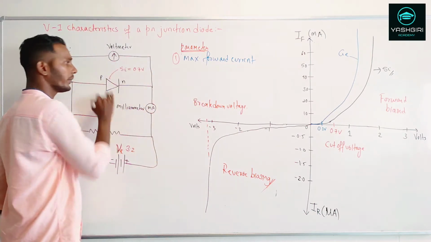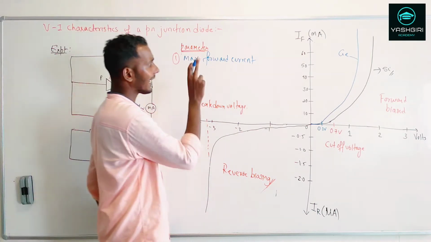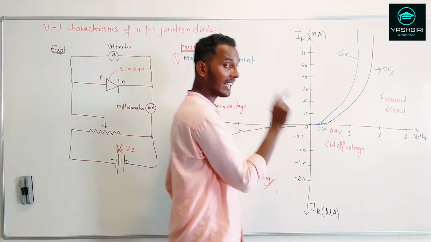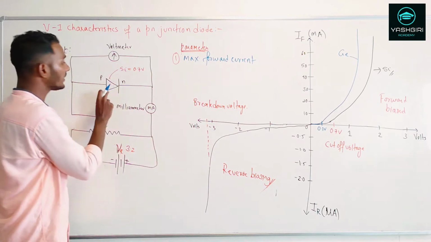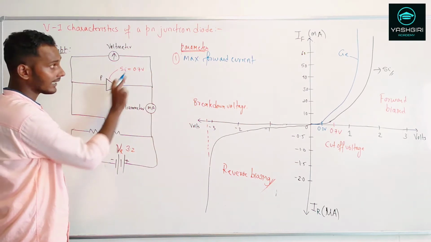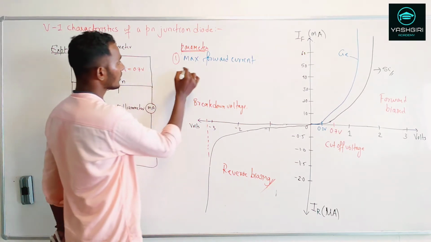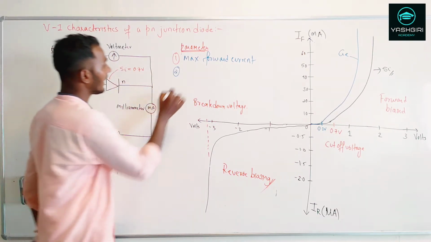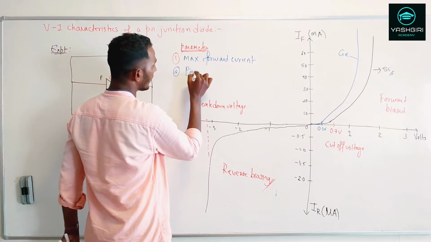If you want to buy a PN junction diode, it is the maximum current a diode can give without damaging the PN junction of it. That is the limitation, and it will be written on that diode. The next is your peak inverse voltage.